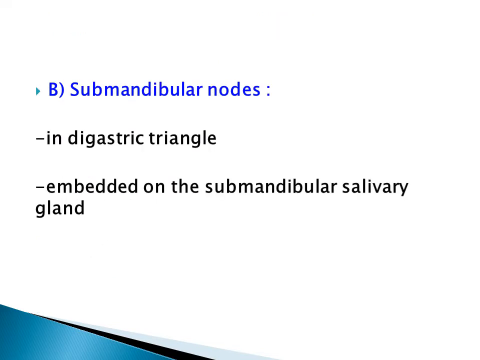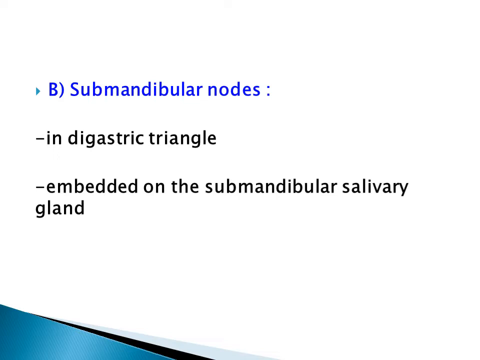Next important nodes are the submandibular nodes. Submandibular nodes are located in the digastric triangle. What are the borders of the digastric triangle? Above, we have the lower border of the body of the mandible and a line extending from the angle of the mandible to the mastoid process. That is the demarcation above. Below and behind, we have the posterior belly of digastric and the stylohyoid muscle.